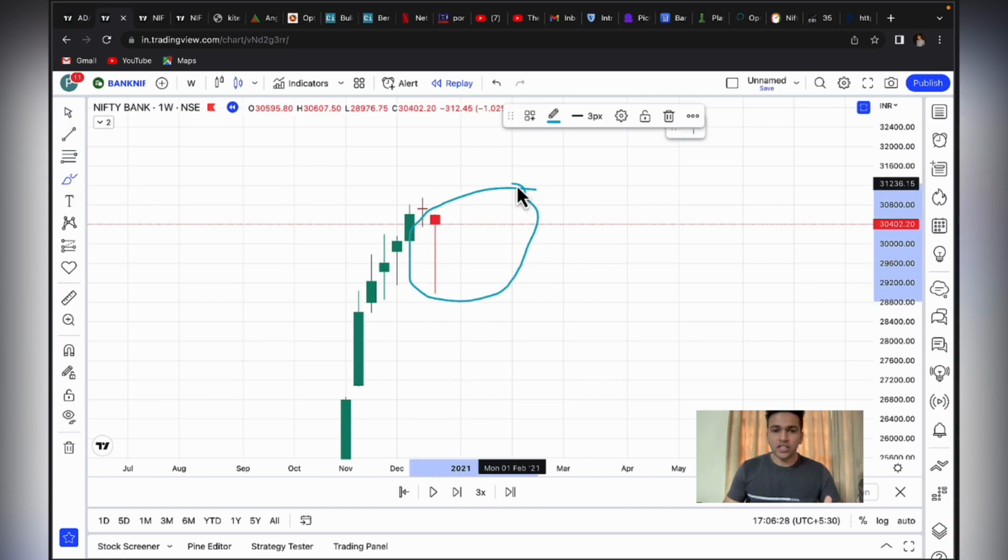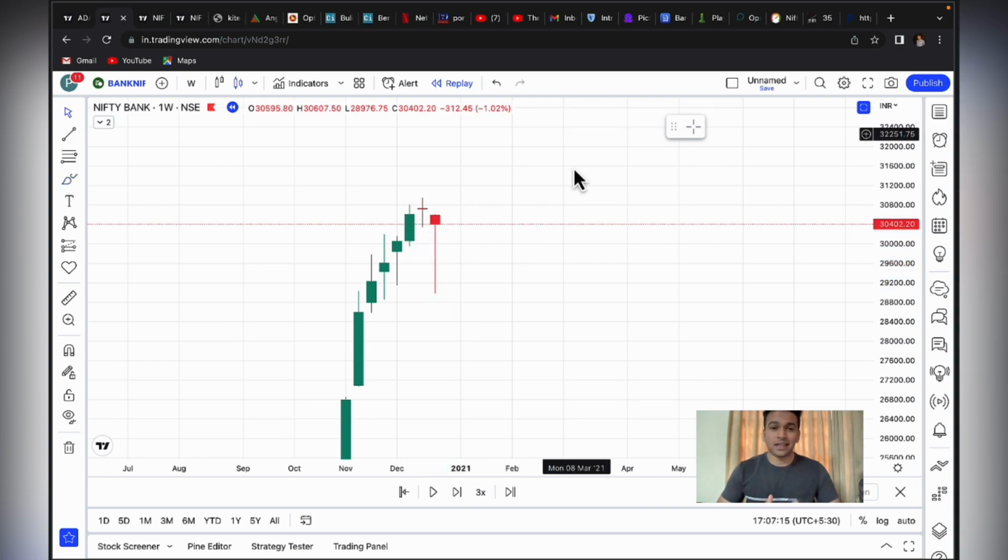So the psychology behind a hammer is that the price opened higher. The bears came into the picture, tried to push the price lower, and they were not successful. The bulls came back in, pushed the price all the way up, and closed somewhere here. The color of this candlestick pattern doesn't matter.